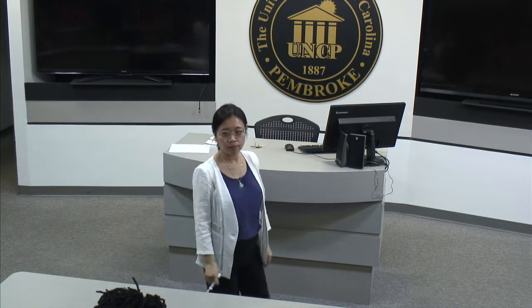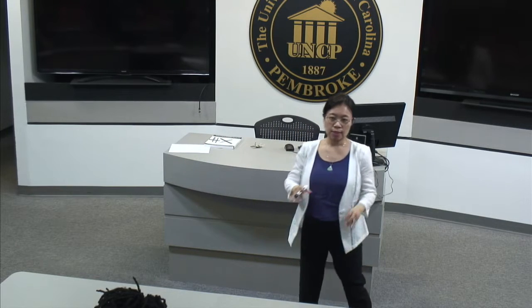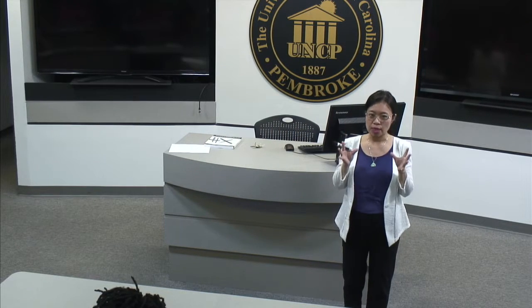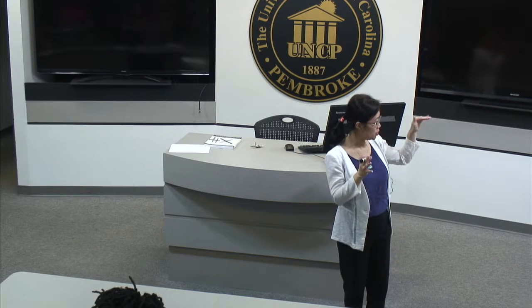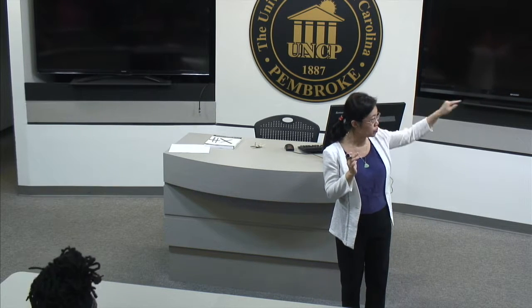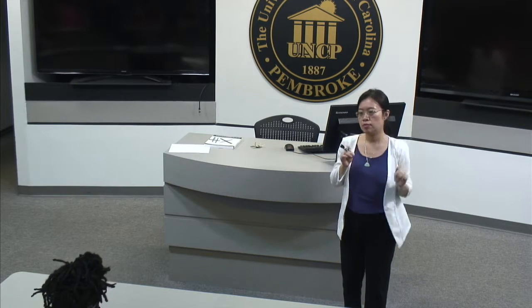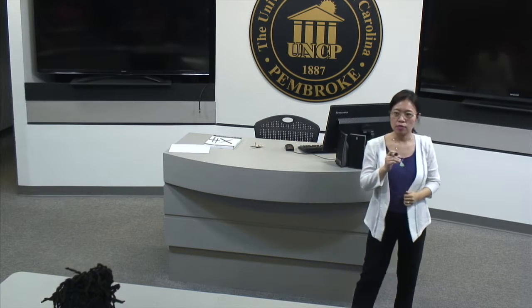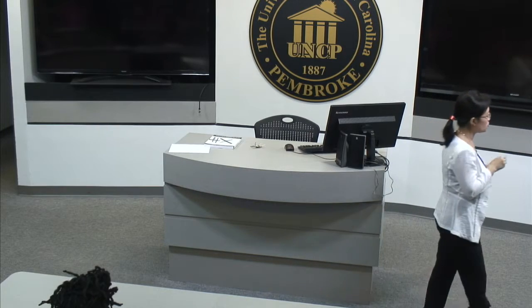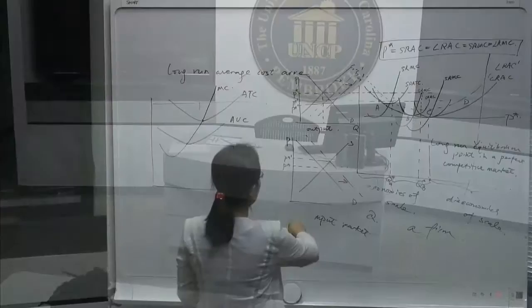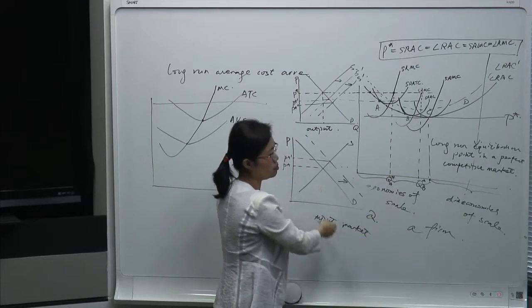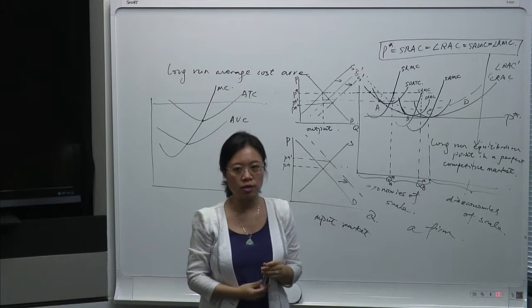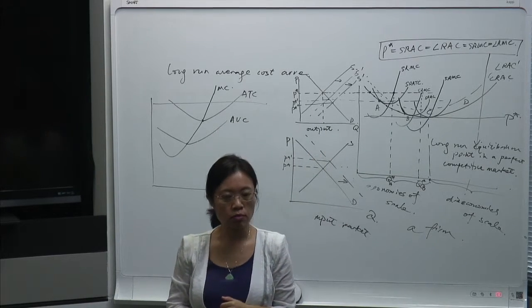But again, the market always wants to come back to that place where the price is equal to all those things. It's the lowest point of the long run average cost curve. Okay. So this whole thing, what I just described, wraps up everything we have learned so far.